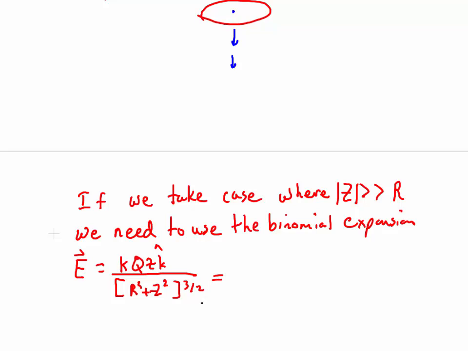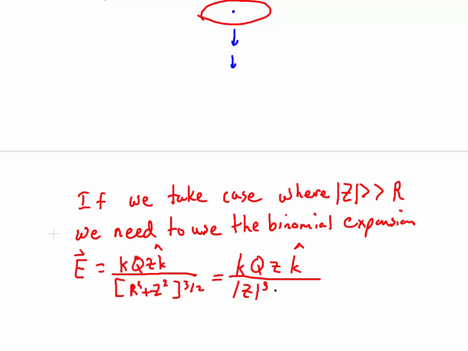And what I'm going to do is factor out, in top and bottom, this z. Now I have a z squared. When you take the square root of z squared, you're going to get an absolute value of z. And then I'm cubing that. So I have k, q, z, k hat over the absolute value of z cubed.